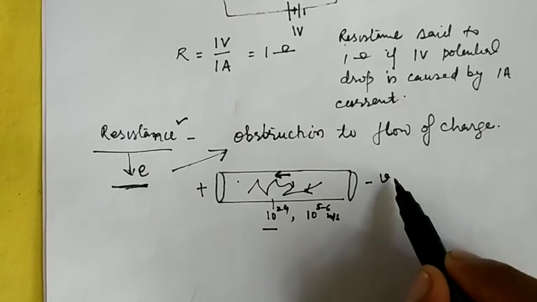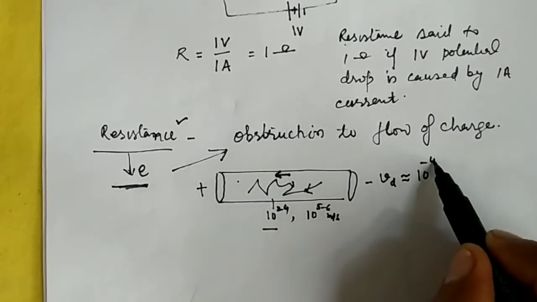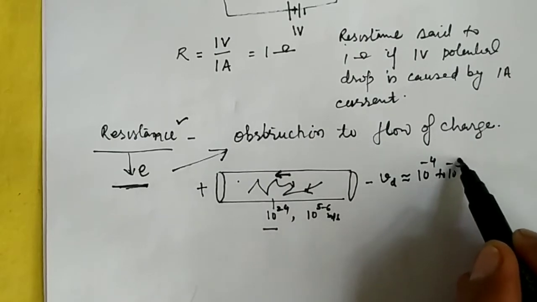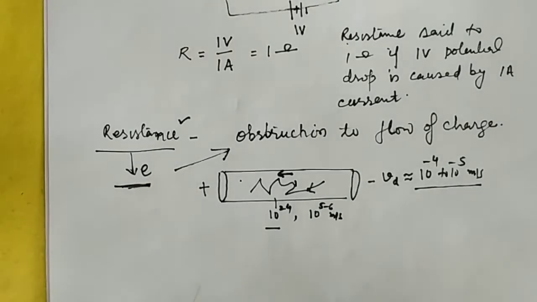Because of this, the drift velocity of the electron is approximately 10 to the power minus 4 to 10 to the power minus 5 meter per second. This is very, very small. So, resistance is the obstruction to the flow of charge.